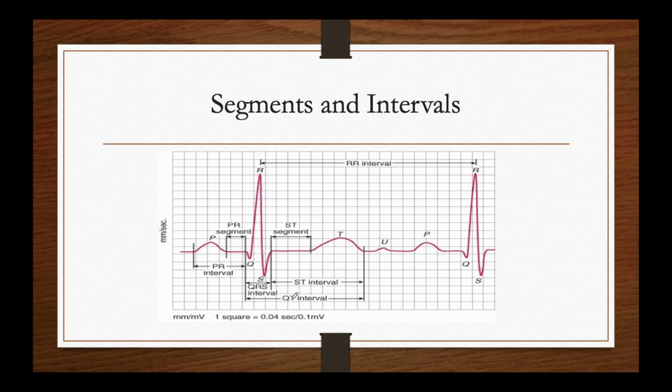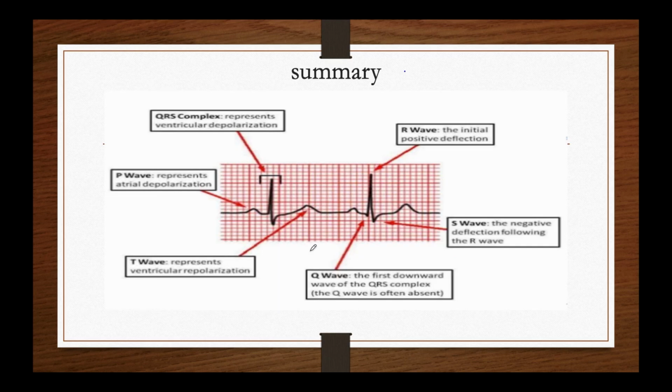And our QT interval is going to be the beginning of the QRS complex to the end of the T wave, and our ST segment is going to be from the end of the S wave to the beginning of the T wave. So in summary, what have we learned so far?